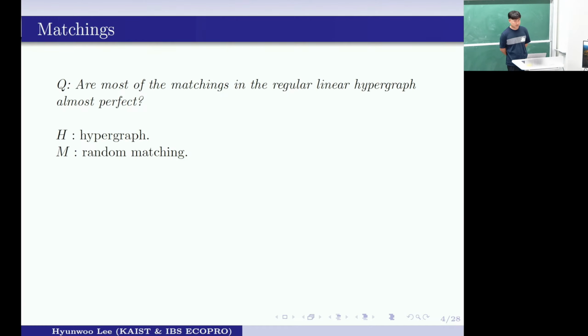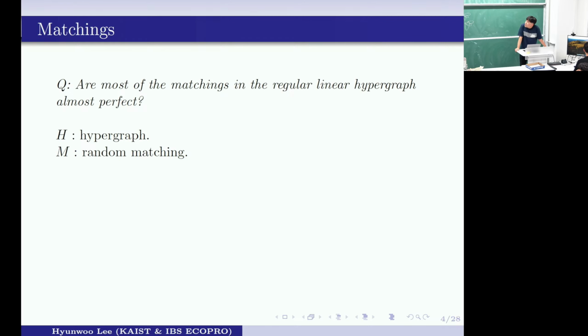Let H be a hypergraph, and let M be a random matching chosen uniformly at random from the set of all matchings in H. Then the average size of the matchings in H is exactly the expected size of this random matching.